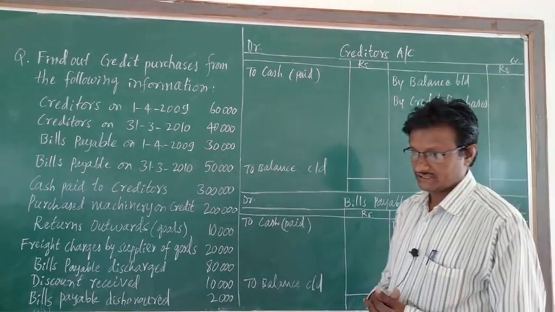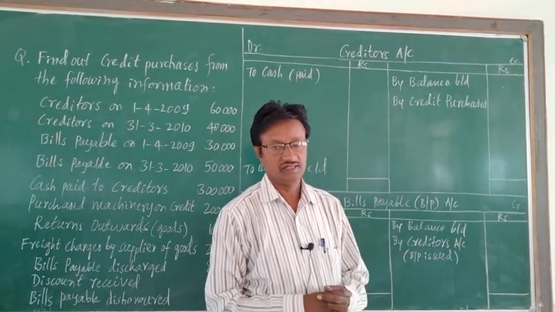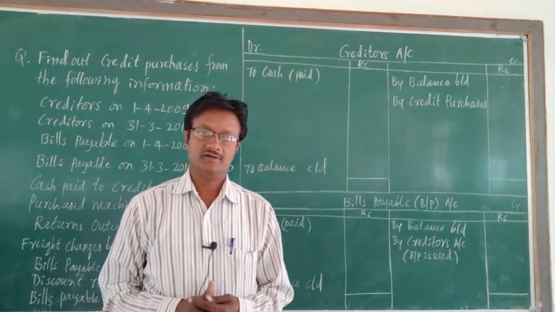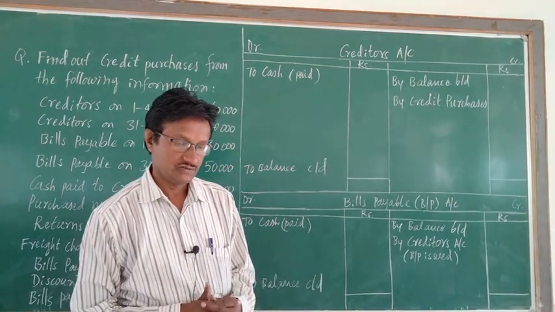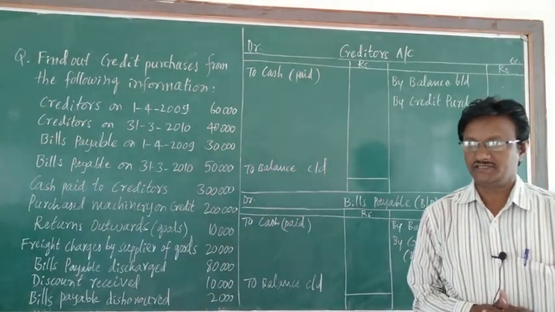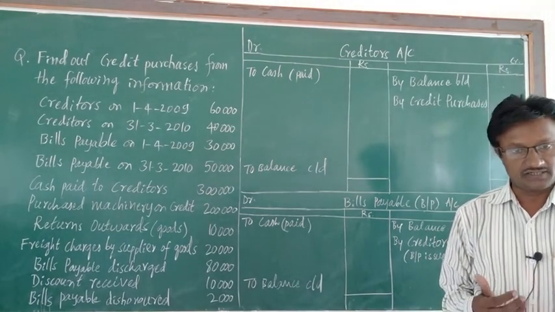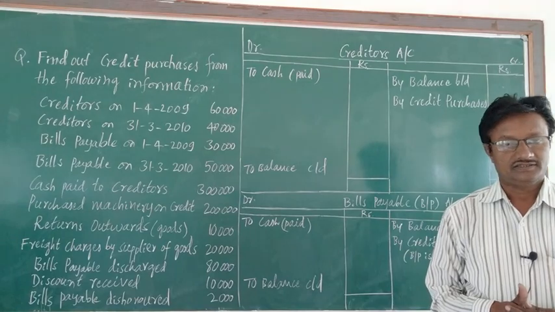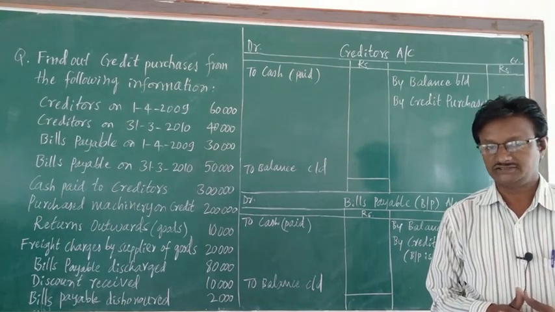And when bills payable are issued, these have to be paid later on, that is on maturity date. So when bills payable accepted or issued are paid on maturity, the journal entry will be creditors account debit to cash account.